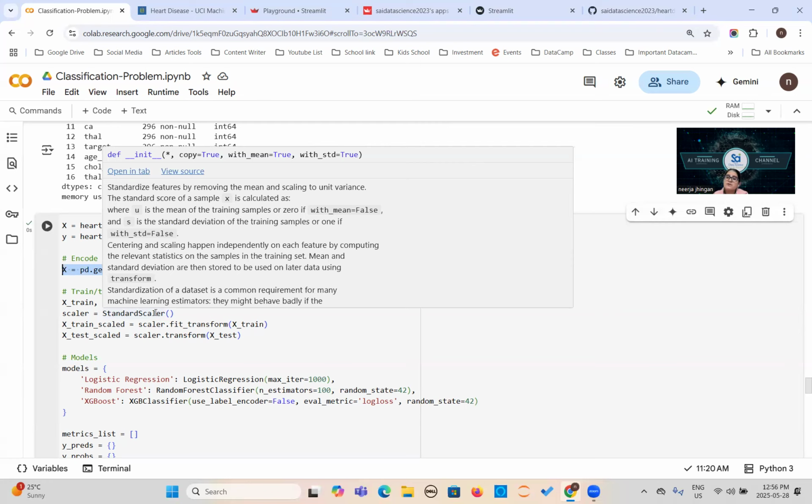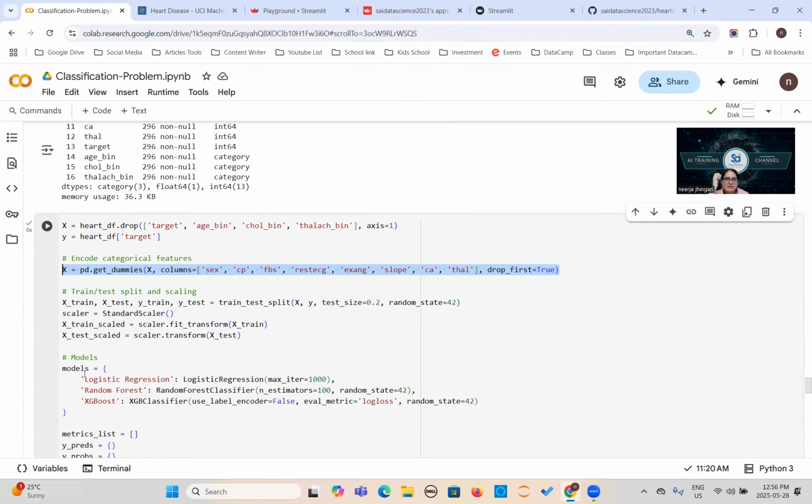So your model might become biased. To avoid that scenario, since this is all categorical, we will use get dummies. It will give equality, because in get dummies we only have 0 and 1 values. So this is the reason.